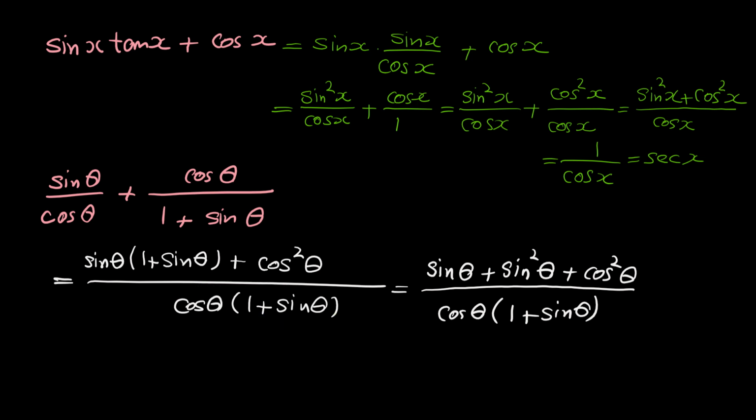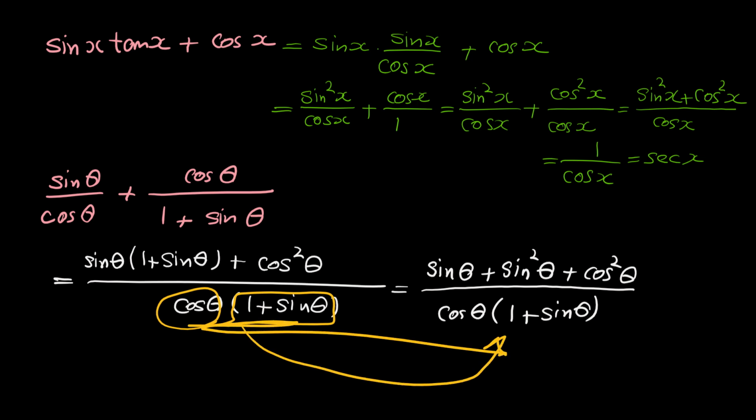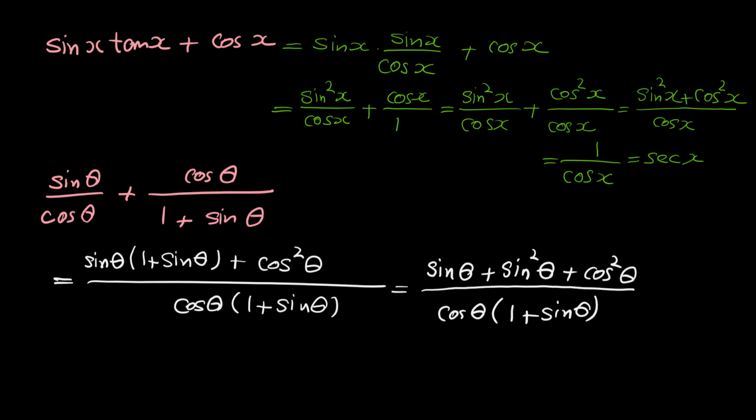If by multiplying this in the bracket we get a simpler answer, yes, it can be a good idea. But if you multiply cosine by 1 plus sine, you would see that nothing would be simplified. So it cannot be a good idea to multiply cosine in the bracket.